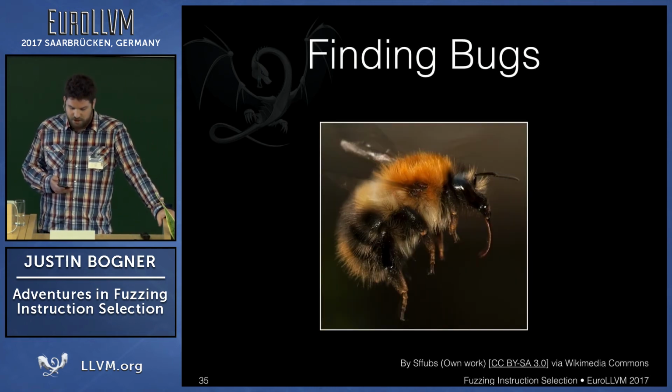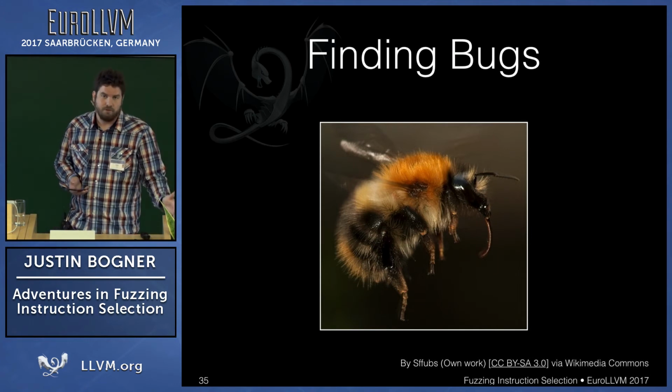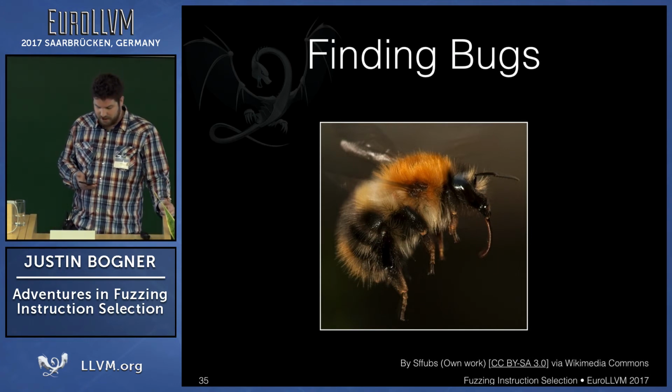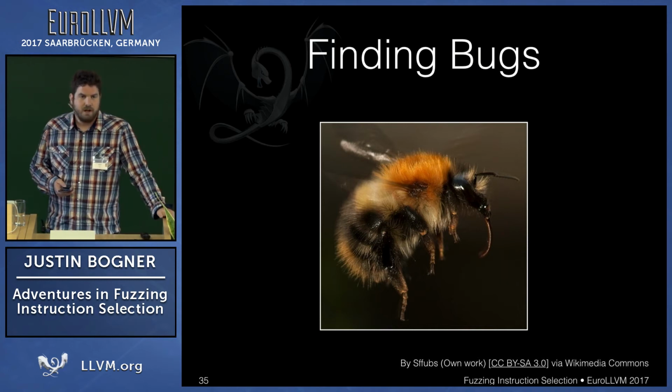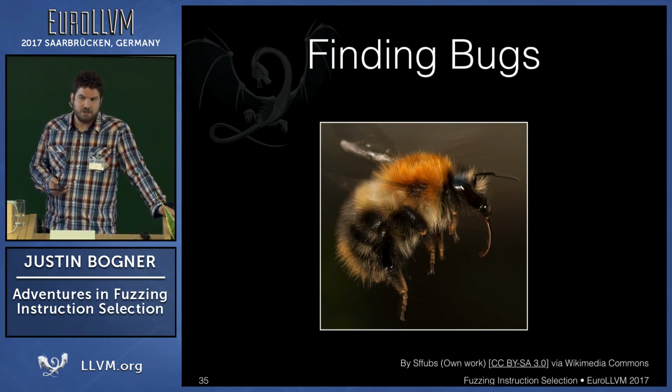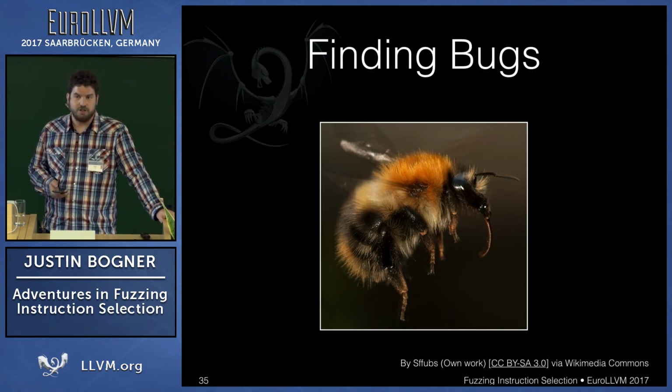So that's our strategy for fuzzing, but what kind of bugs do we actually find doing this? There are a couple of types of issues that are easy to hit, like crashes, and we generally run the fuzzers with sanitizers, so you can catch memory issues and undefined behavior. Since this is instruction selection, we can also run the machine verifier to check for issues with the generated code.